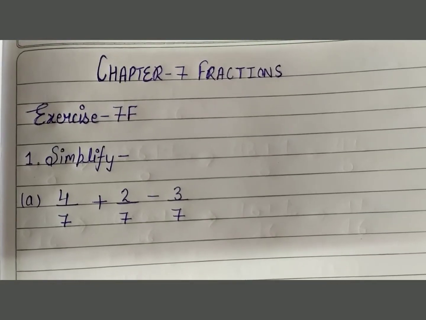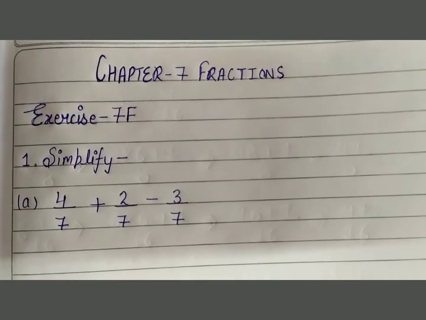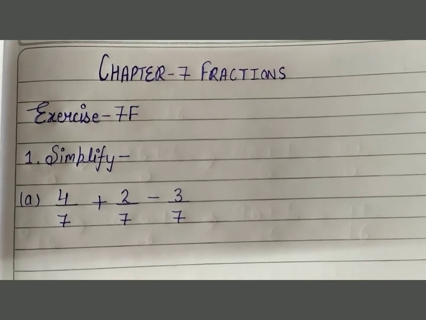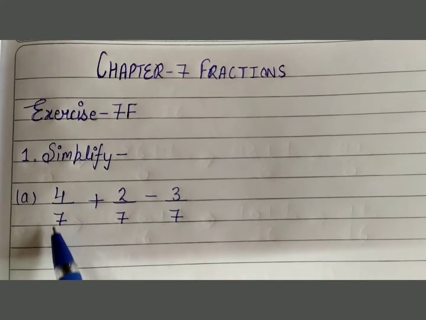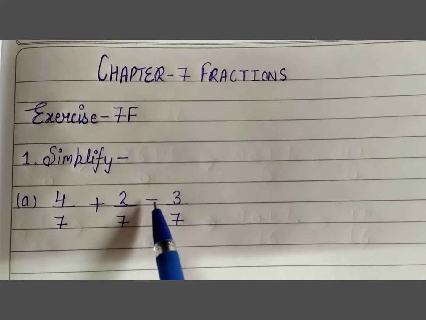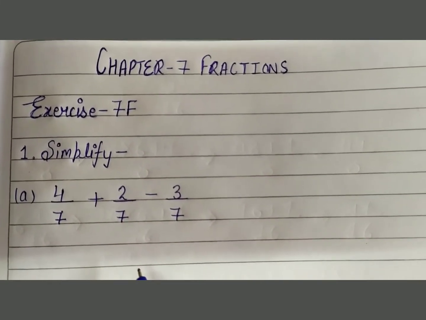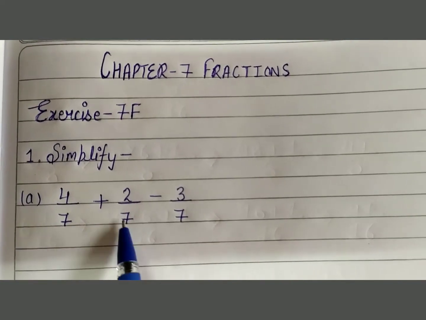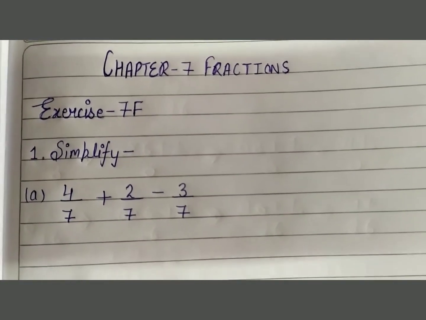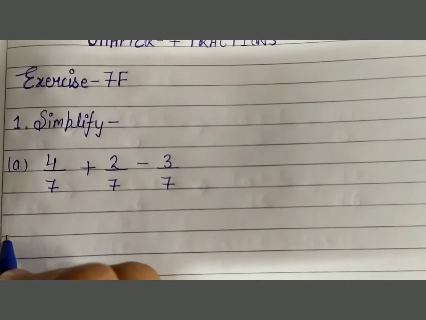Hello children, chapter 7 fraction, exercise 7F, question number 1. Simplify 4 upon 7 plus 2 upon 7 minus 3 upon 7. Children, in this fraction the denominator is the same, that is 7. Write 7 in the denominator.